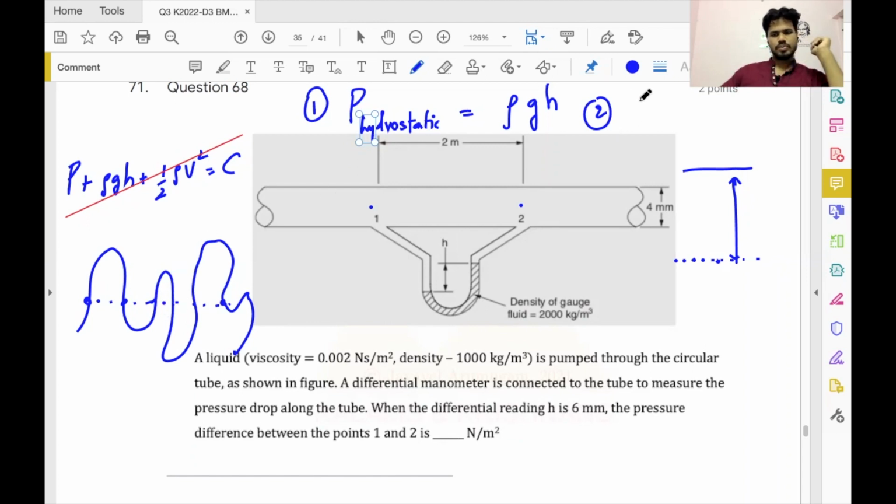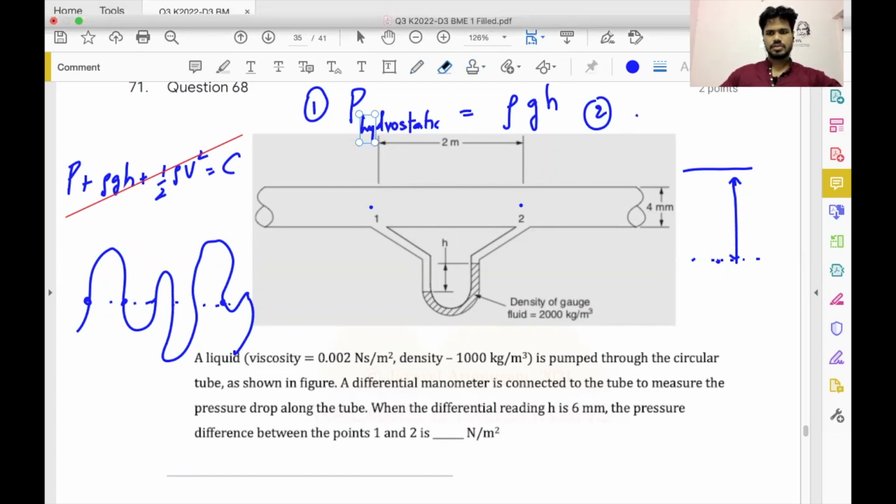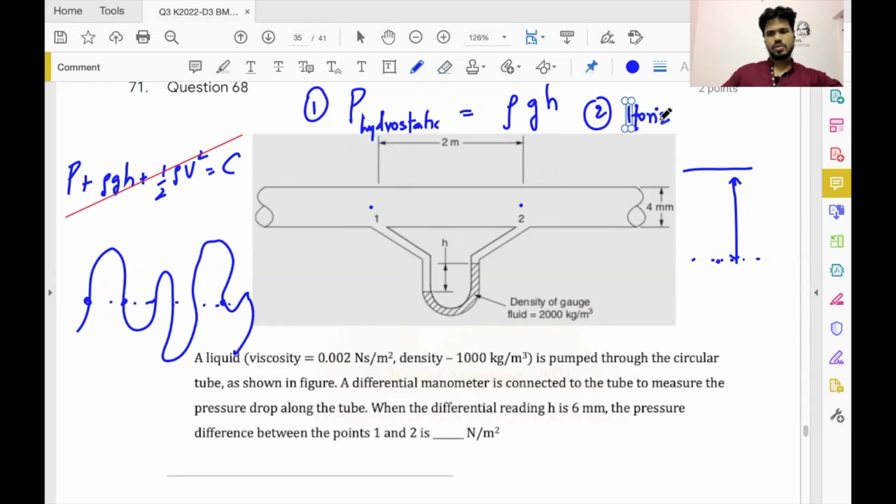So we have to use those two results: on a horizontal line, pressure is the same.